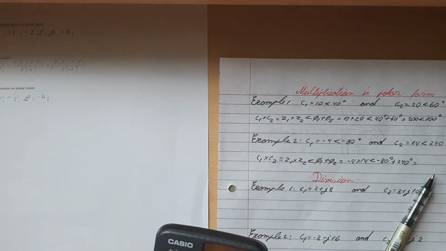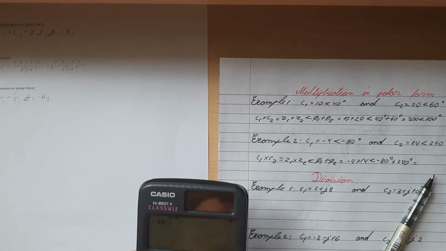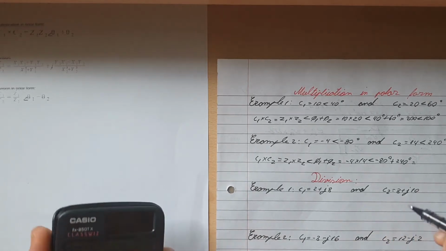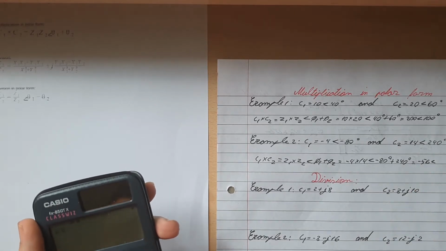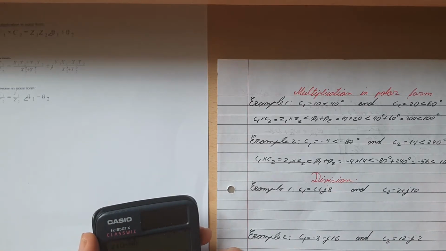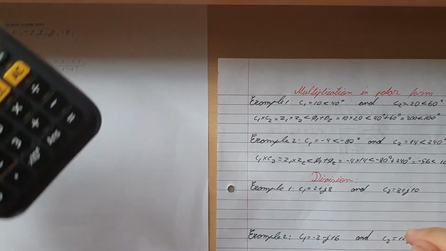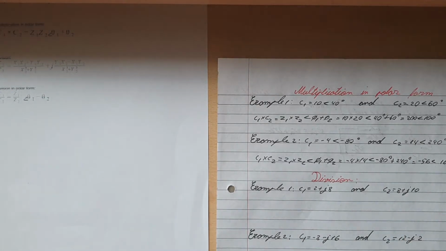Is it 56, isn't it? Minus 56, minus 4 times 14, yeah, minus 56. And then the angle here, that'll be 240 minus 80, that'll be 160 degrees. There you go. Alright, so that was multiplication in polar form, very simple.